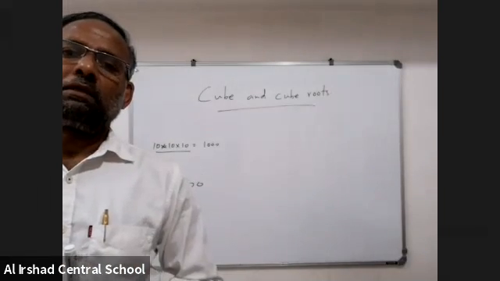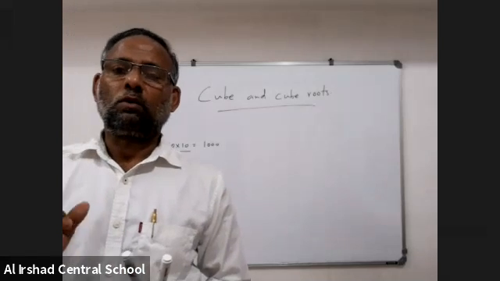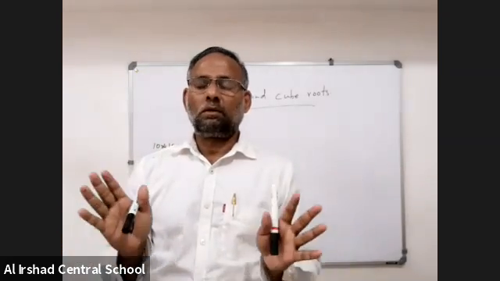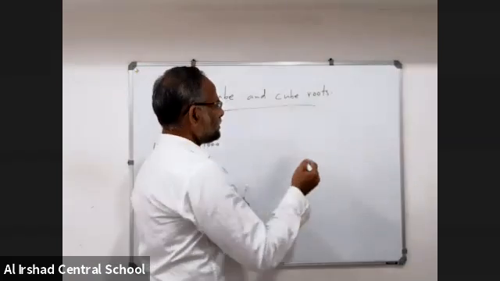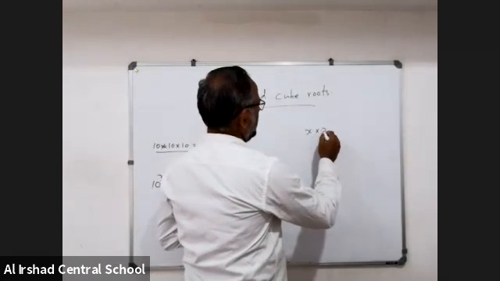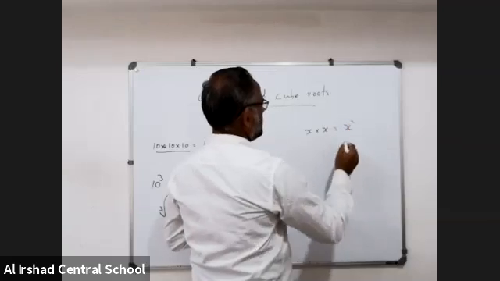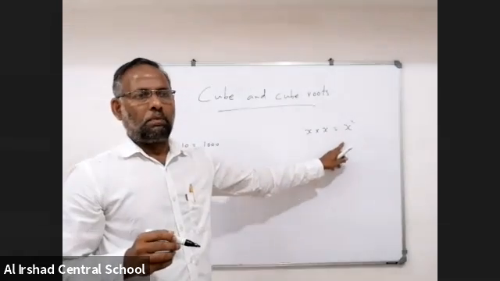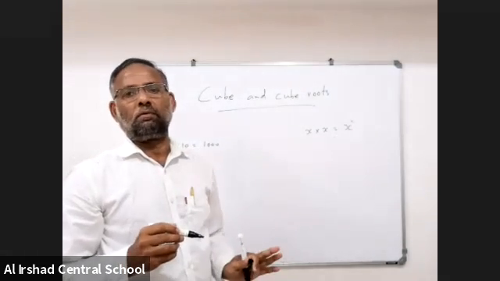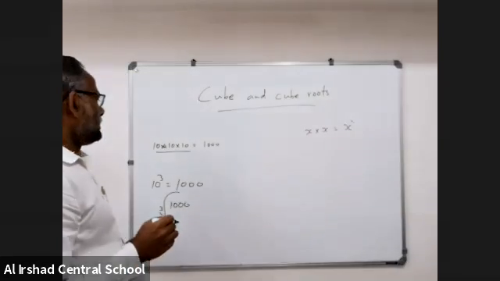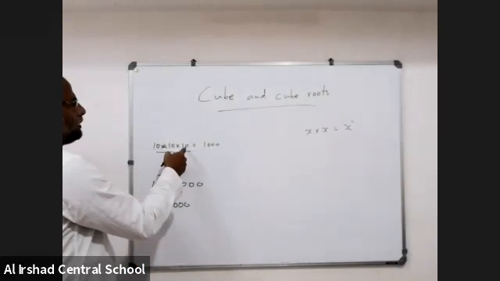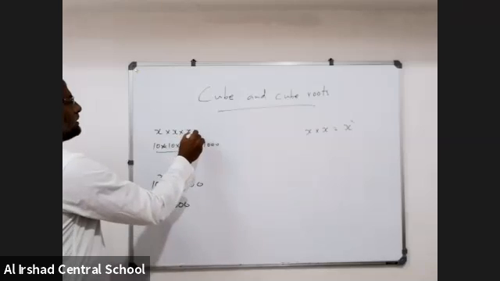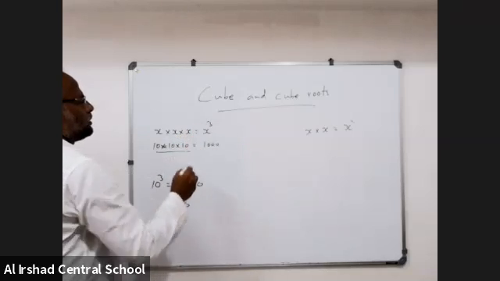Square means number into number. That is why x into x is x square. This is square, multiplying a number by itself. Now here we can see 10 into 10 into 10. Suppose x into x into x. This is x cube.